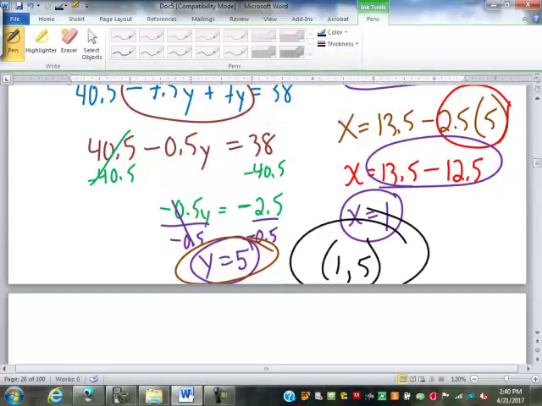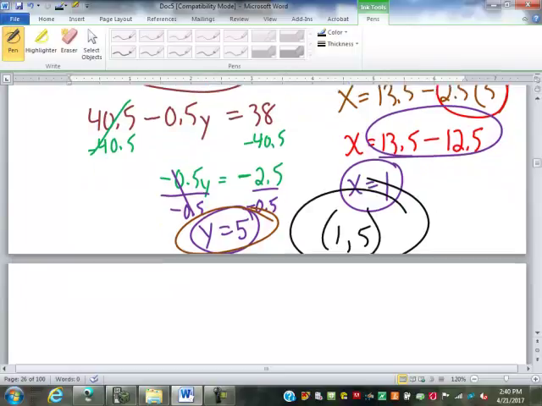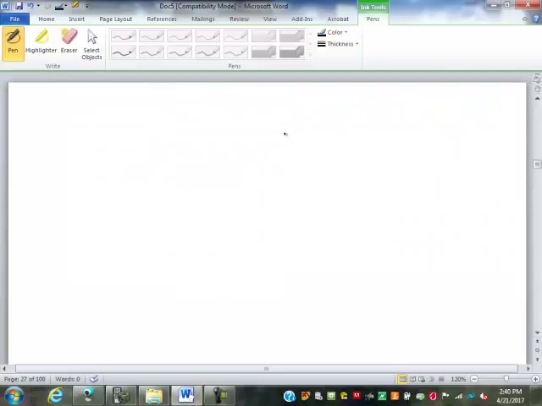Now just like with graphing, we can run into complications with solving these equations with substitution. We might have 2x minus 3y equals 9.